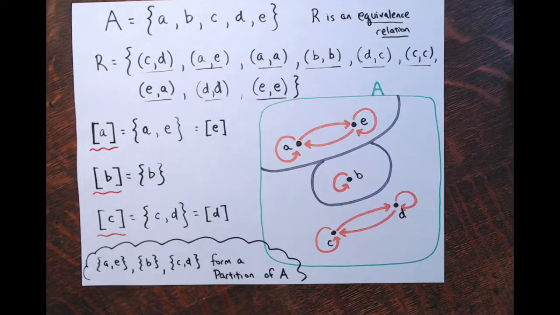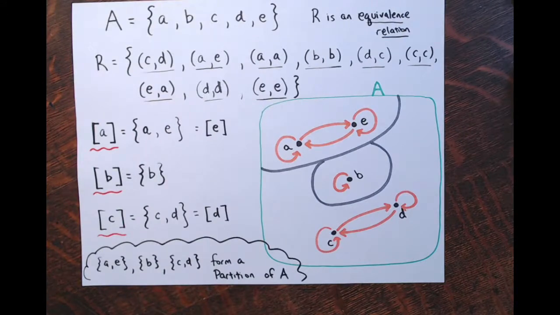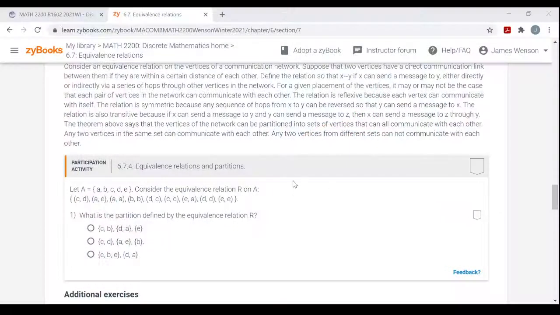There may be some other equivalence relation on this set that would break it up into different kinds of pieces, but every single equivalence relation does this to its domain. It breaks it up into equivalence classes that partition the domain. Okay, and that's it.